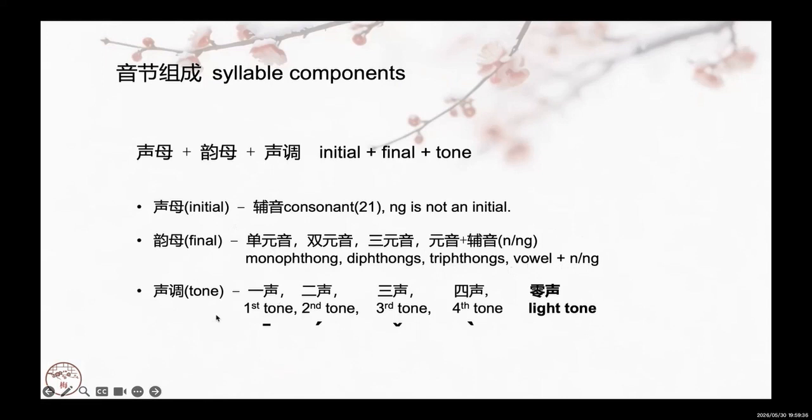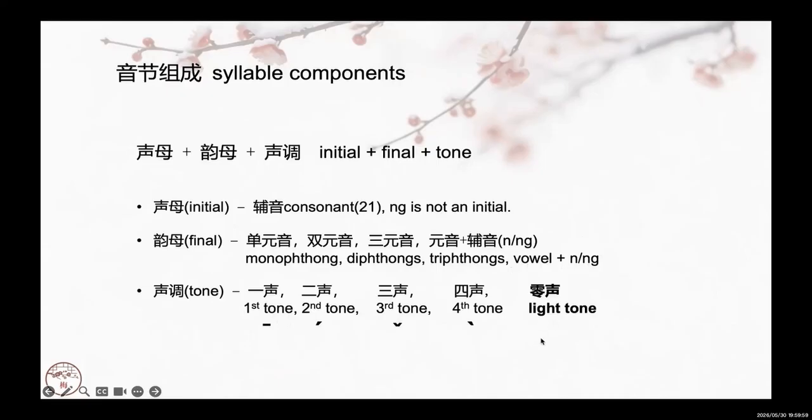Okay, we have 4 tones for all the Chinese characters. The first tone, the second tone, the third tone, and the fourth tone. And we also have a light tone. We can also call it zero tone because there's nothing here.